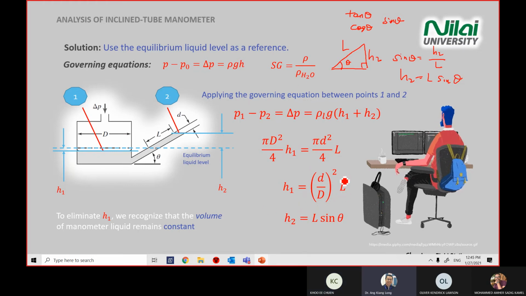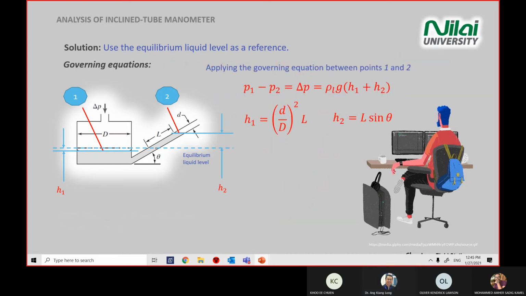So now you substitute your H1 and H2 inside the governing equation. Now your equation doesn't have H1 and H2, you only see L, small d and capital D in this form.